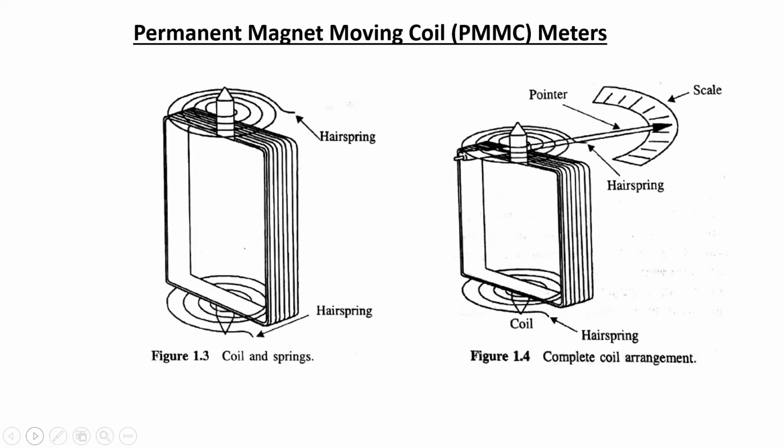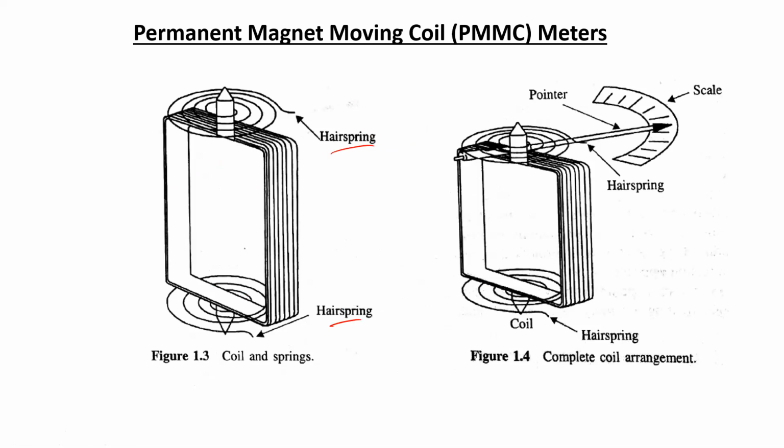Now, along with the coil arrangement, two other parts have to be introduced. One is that on both sides of the shaft, some spring needs to be attached. The necessity of attaching the springs is to generate some controlling torque, or some opposing torque, to the main deflecting torque.